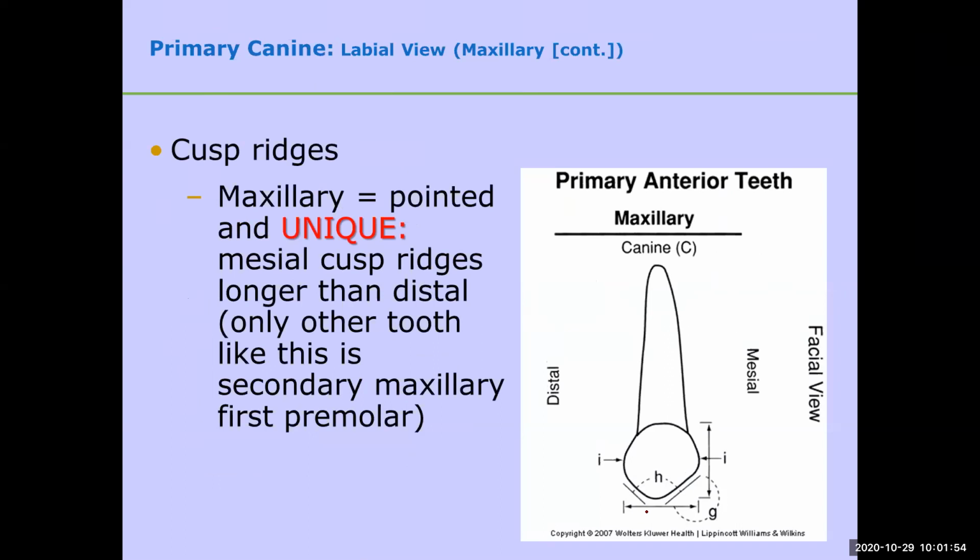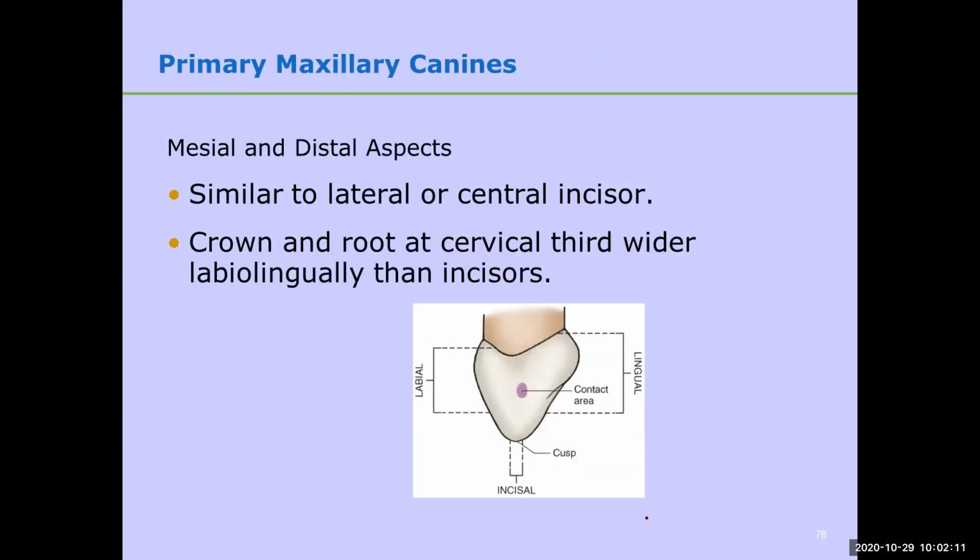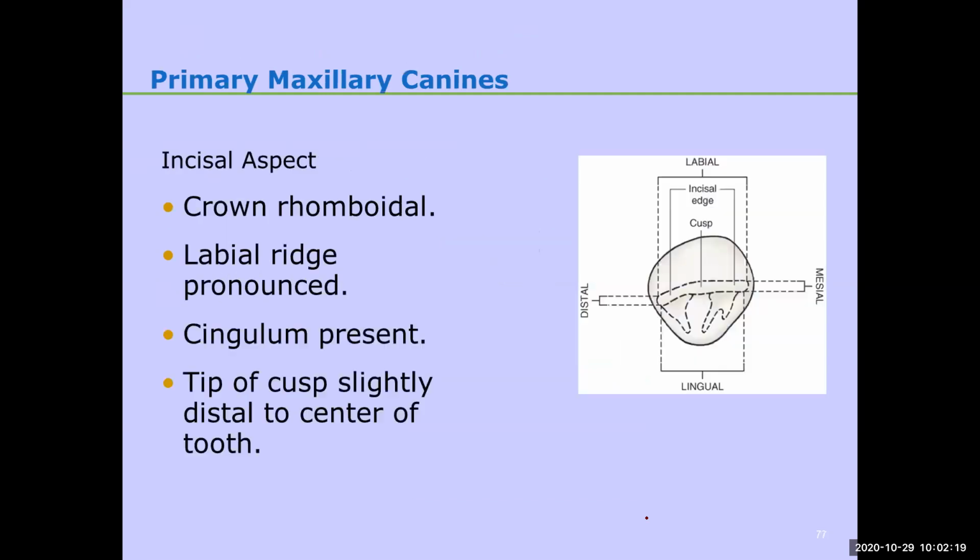But the contact areas are different. The root is twice as long as the crown, more slender. If there's a bend, it's going to bend distally, unlike the incisors. It's a wide tooth. There's a cingulum present.